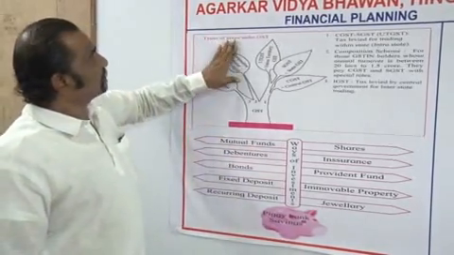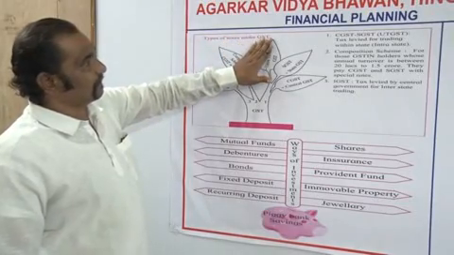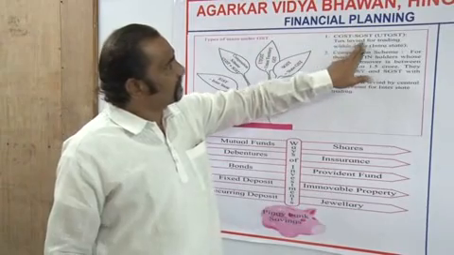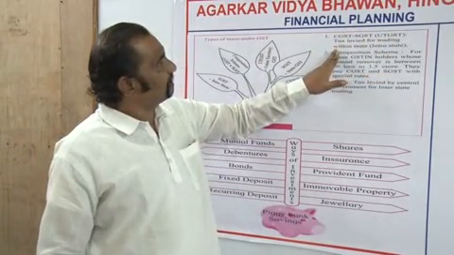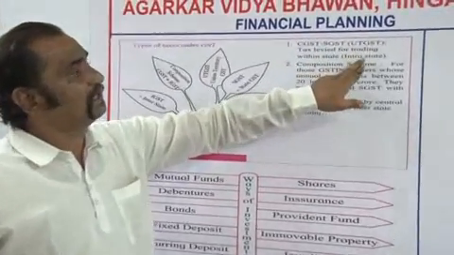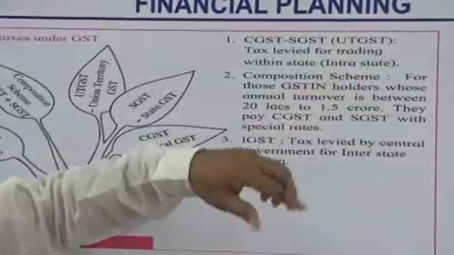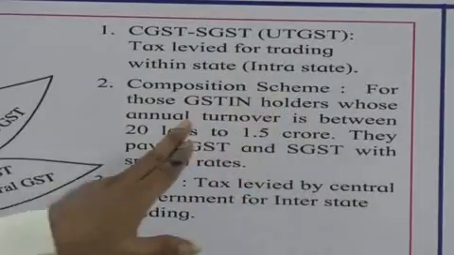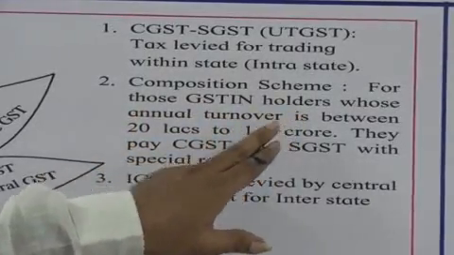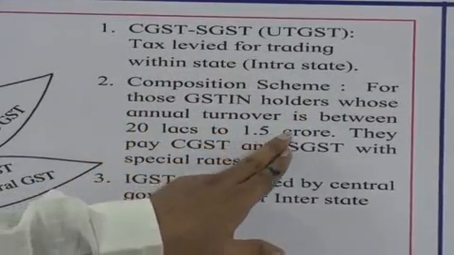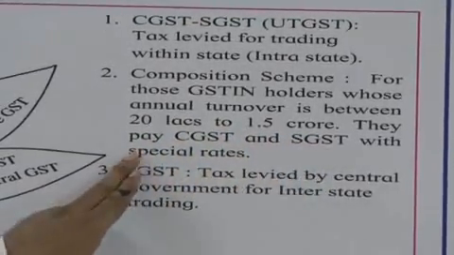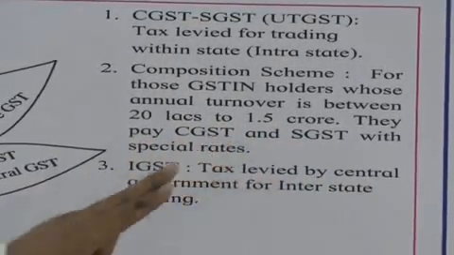Now there are the types of taxes under GST. The CGST and SGST tax is levied for trading within the state, that we have studied. For those GSTIN holders whose annual turnover is between 20 lakhs to 1.5 crores, they pay CGST and SGST at special rates. This is very important.